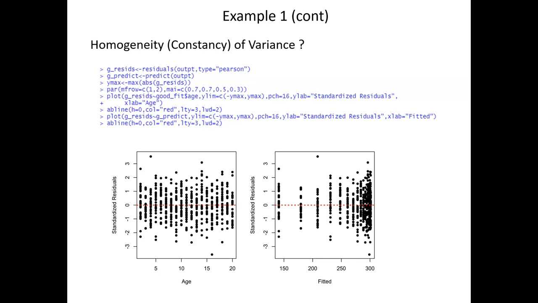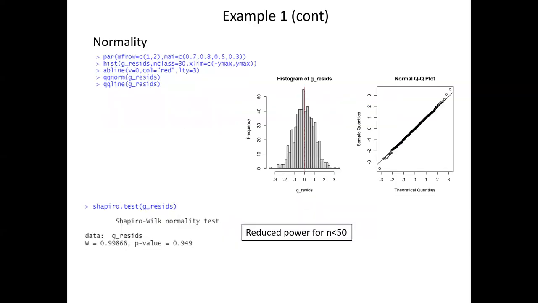And you can examine these graphs to determine if there's any type of pattern. Nothing's perfect, but in this case, it seems to be about the same variance across the levels. So we could conclude that we're probably not violating the assumption of homogeneity of variances.